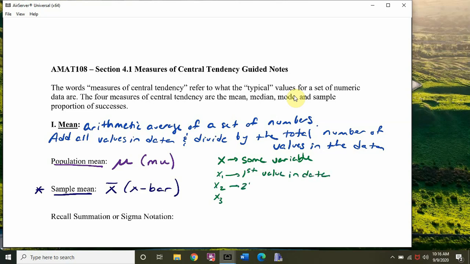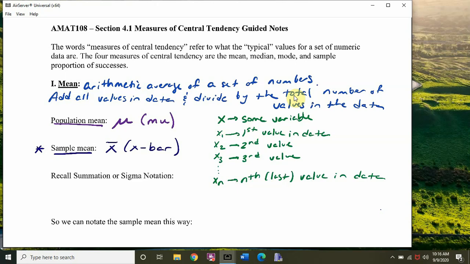X2 would be the second value, x3 would be the third, so on and so forth, down to what I call x sub n, which represents the nth or last value in the data. Lowercase n typically represents our sample size, so we would have n such x values.